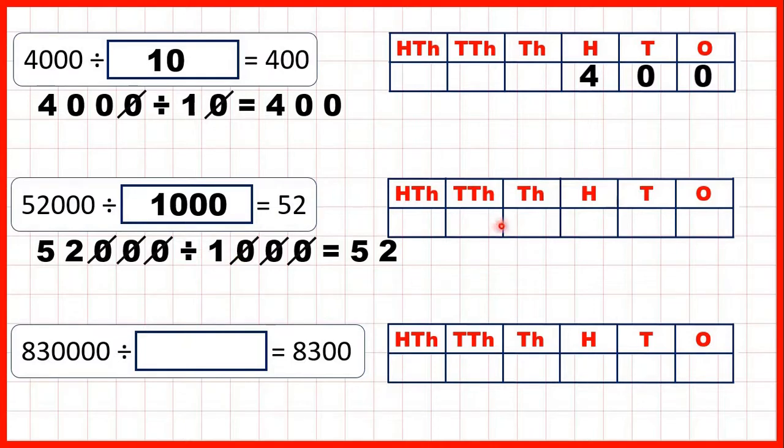And what's really happened here is that we've started with 52,000 and then by dividing by 1,000 we've moved the digits 3 squares to the right to get 52 as our answer.